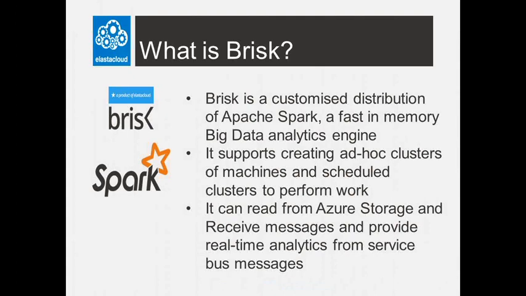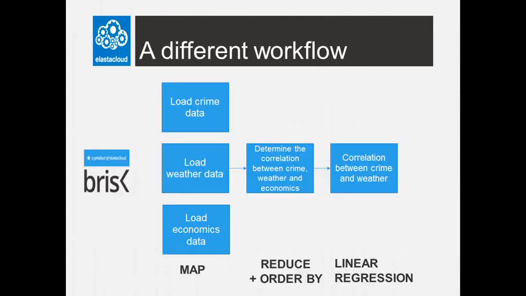So MapReduce is a very discrete process. It's a very discrete pattern, and we have to create several MapReduce pieces of software to build up that data pipeline. With Brisk, it's much more continuous. You can map different data sources together.